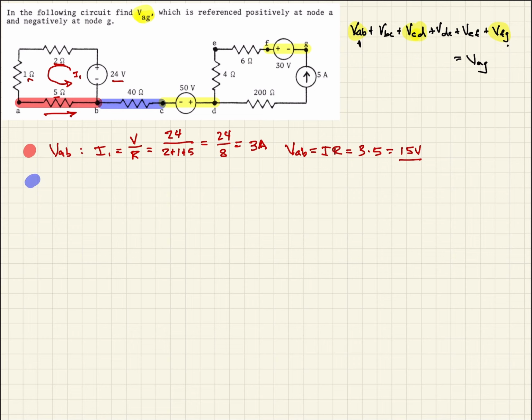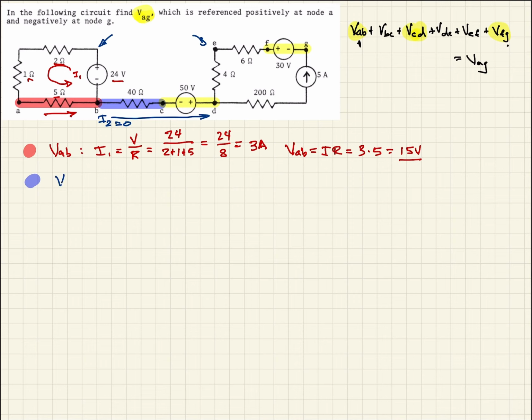Next, we want to take a look at this leg here. Being that we have a closed loop here, a closed loop here and a closed loop here, there should be no current flow along this branch. So the current flow along here, I2, is going to be 0.